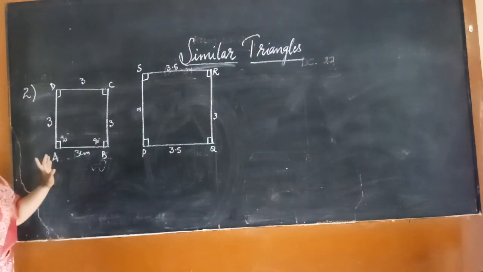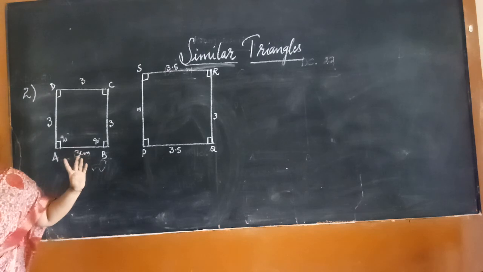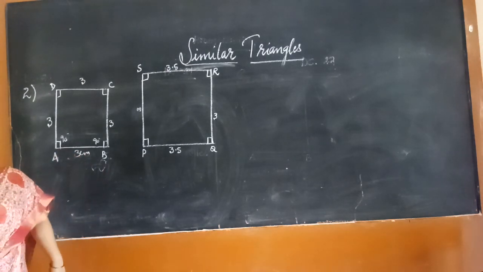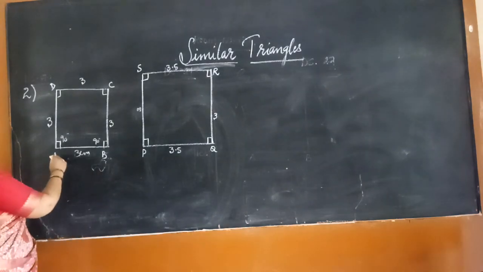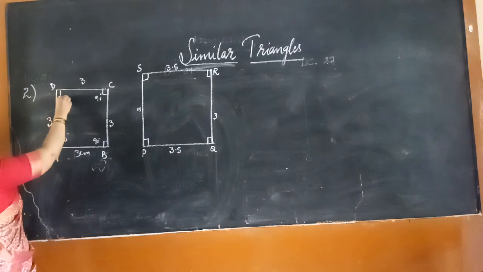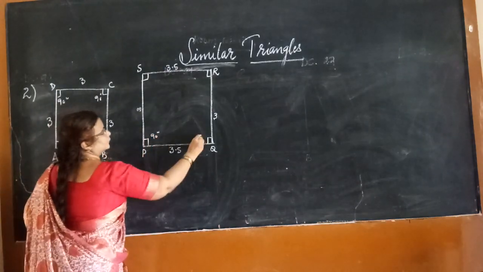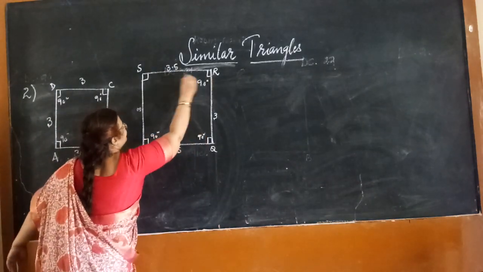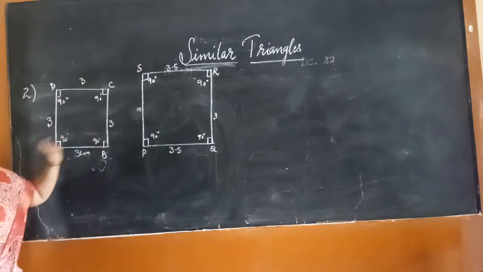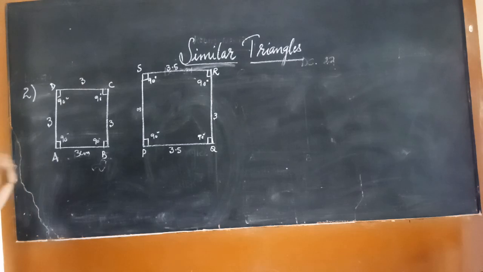At one stretch we can say these two figures are not similar, but yet we have to prove it logically. All the angles are equal to 90 degrees. We will not show this measurement when the perpendicular notation is shown in the figure, but yet I am showing you.